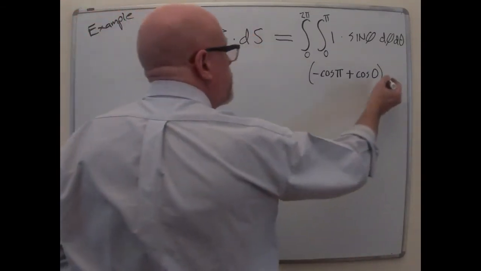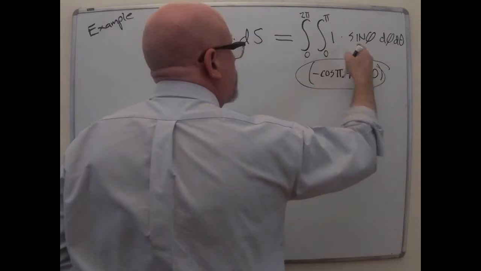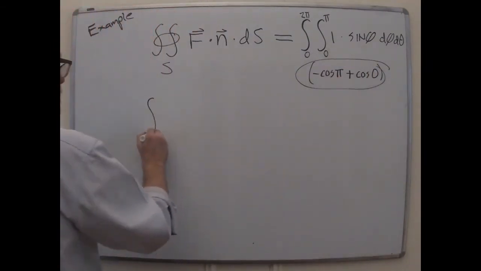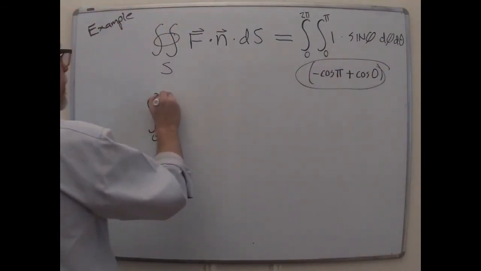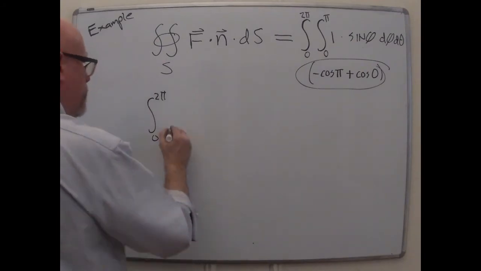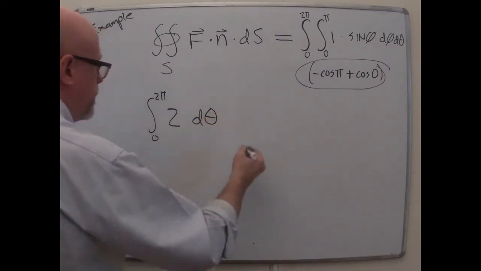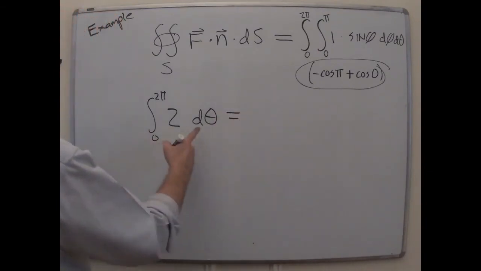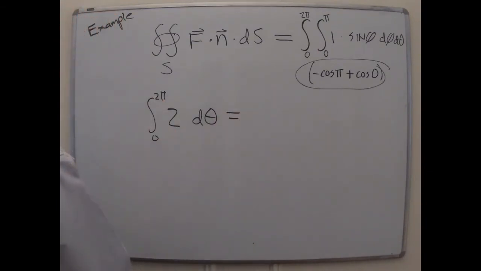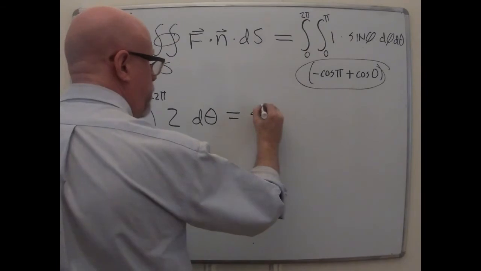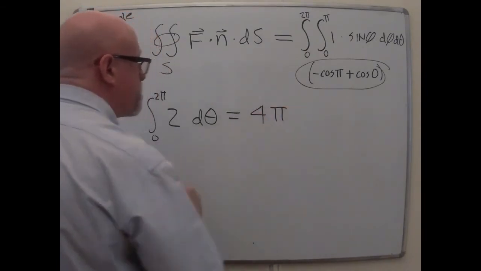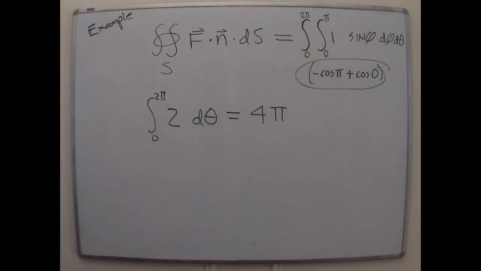So this was just me evaluating the integral of the inside thing. So we still need to do the integral from 0 to 2 pi of that, which was 2, with respect to theta. All right, well that's just going to be theta evaluated between these limits. It gives us 2 pi. So the final answer is 4 pi.